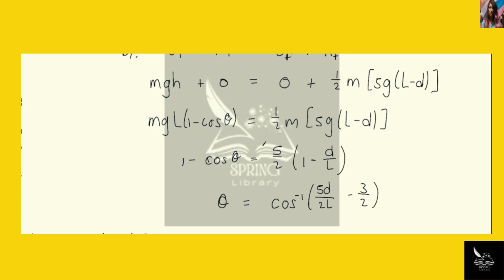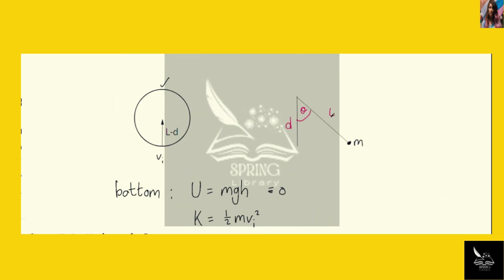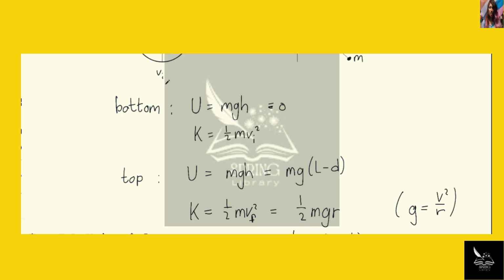So this is the minimum angle at which the pendulum has to be released in order that it makes the sufficient velocity to complete the circle.